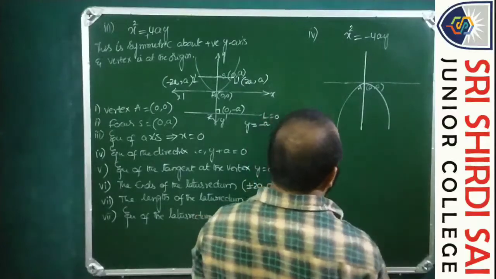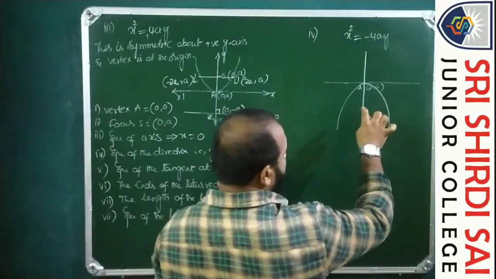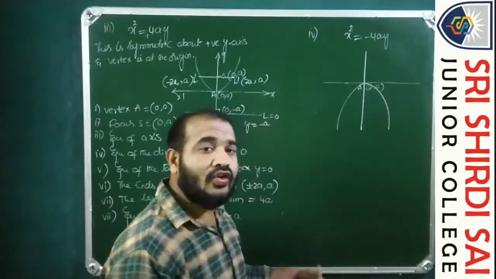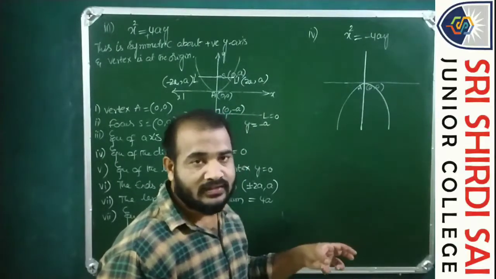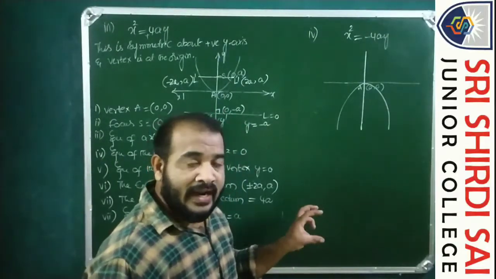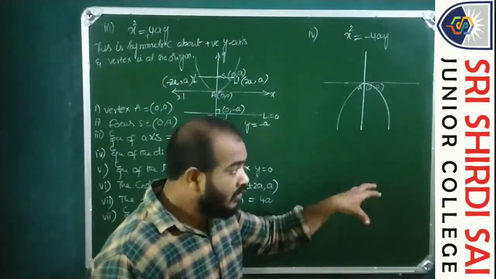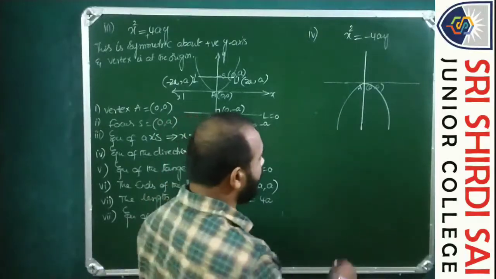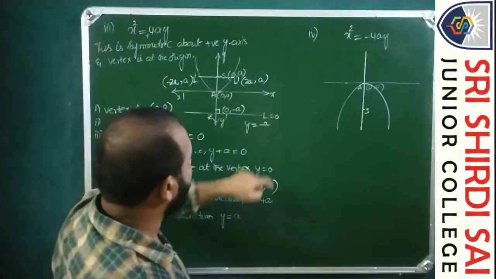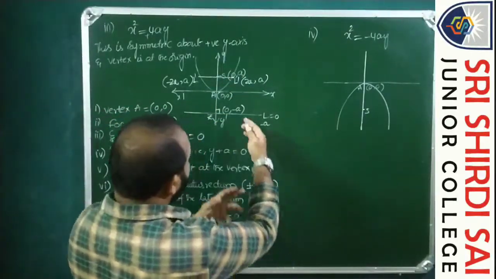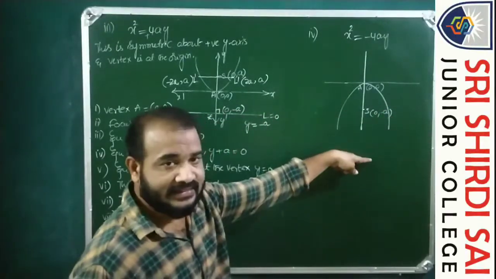So its focus lies on the principal axis. The fixed point lies on the principal axis, and the straight line which is passing through the fixed point is called the axis or principal axis. So therefore this is S here. Earlier S is 0 comma A, but now S is 0 comma minus A, because this is the negative y-axis.